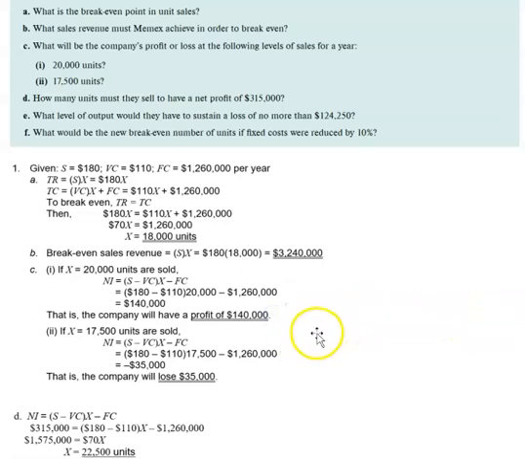So now the same thing, but we're going to use the 17,500 instead of the 20,000 units. So again, we've got 180 minus 110 gives us 70. 70 multiplied by 17,500 gives us 1,225,000.